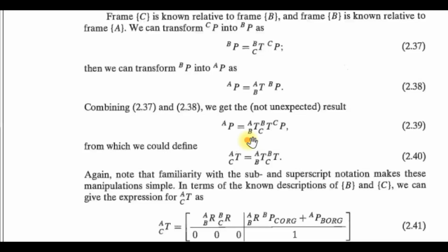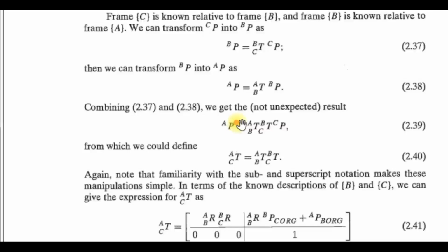Commutative law means ATB into BTC. If you change the position of these two matrices, then the result will be different and wrong. So it gives you a faulty result.